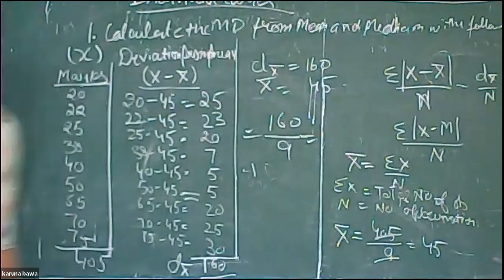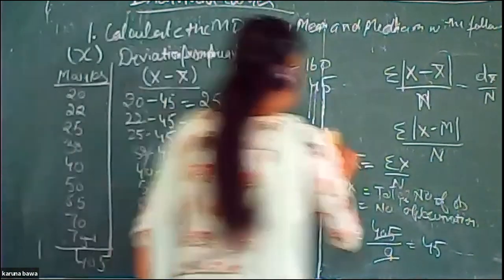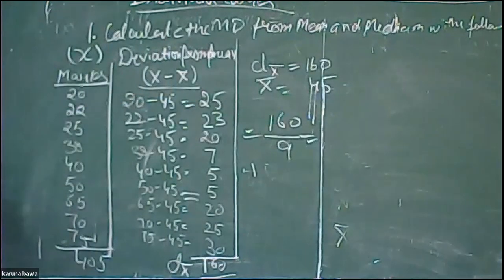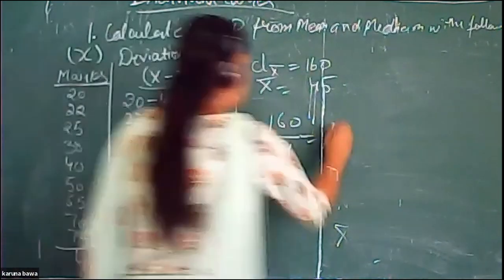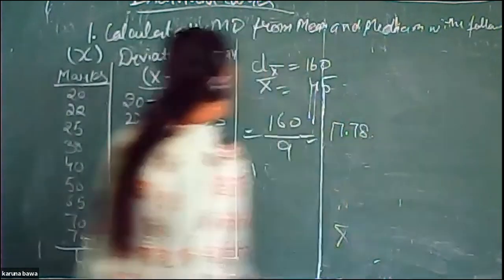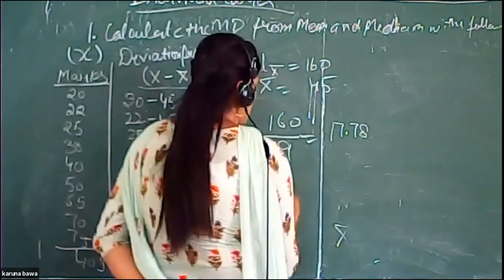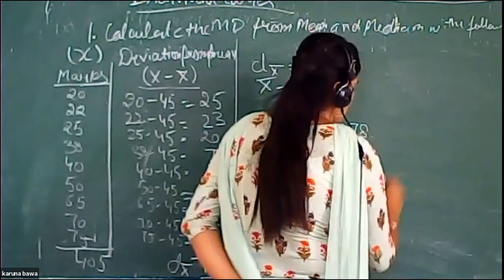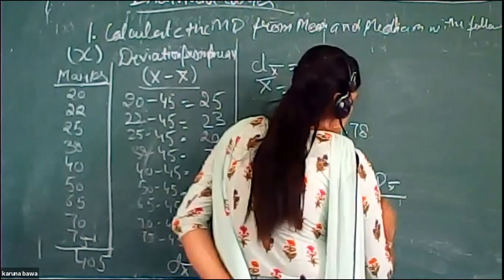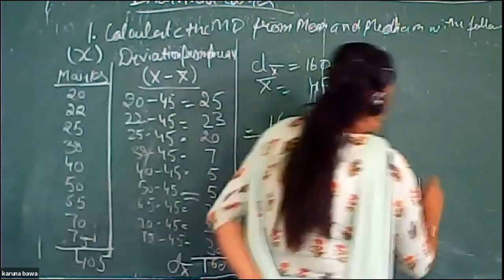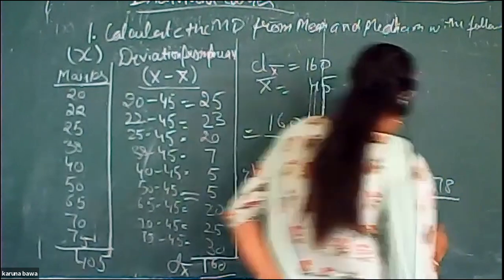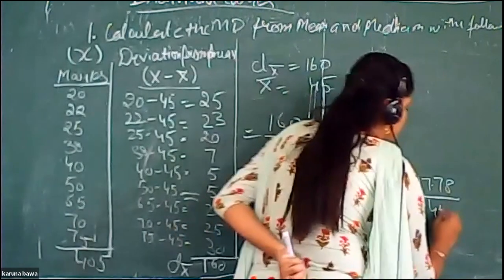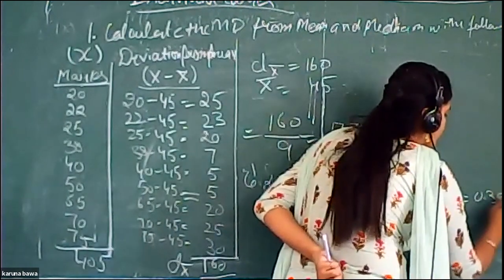So basically, divide the value: 160 divided by 9. That is 17.8. After that, the coefficient of mean deviation from mean is the mean deviation divided by the mean. 17.78 divided by the mean value 45 gives 0.39.